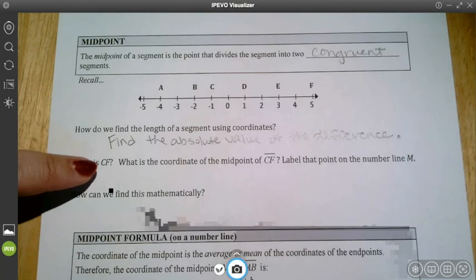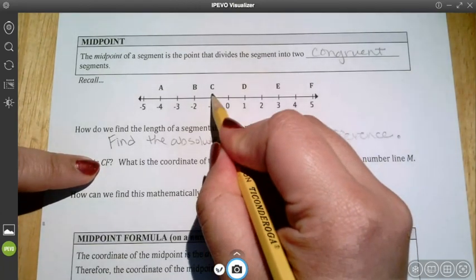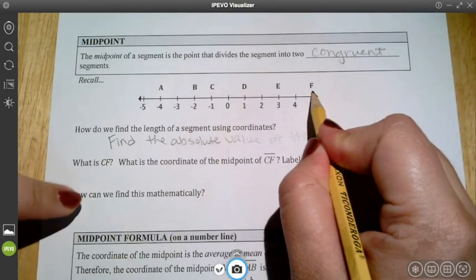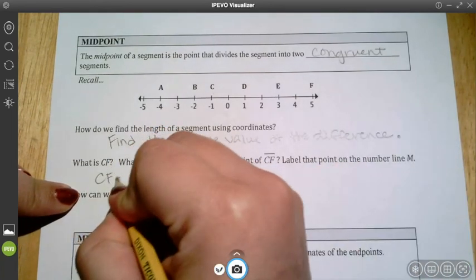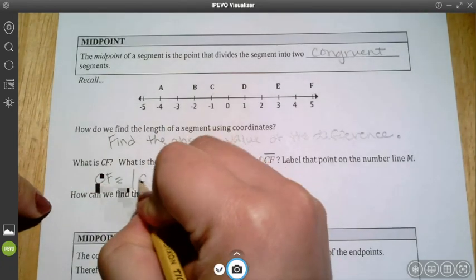So if we wanted to find CF, the distance between C and F, we need to find CF equals the absolute value of C minus F.